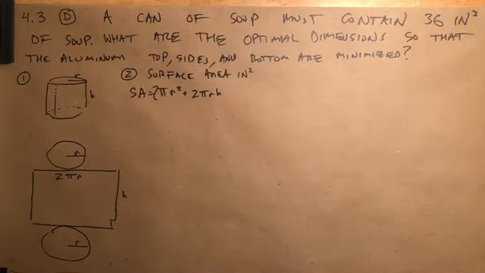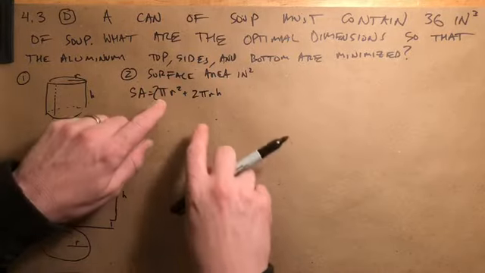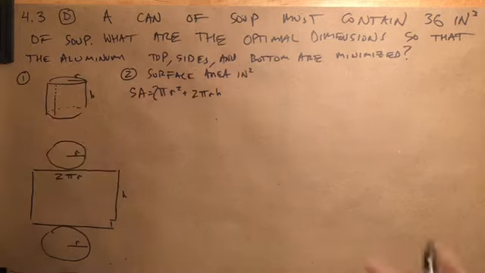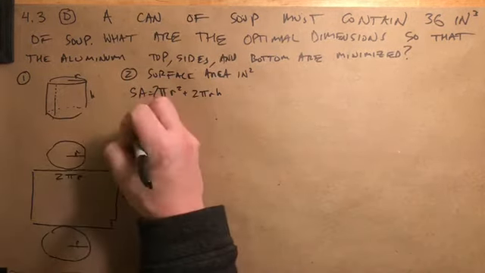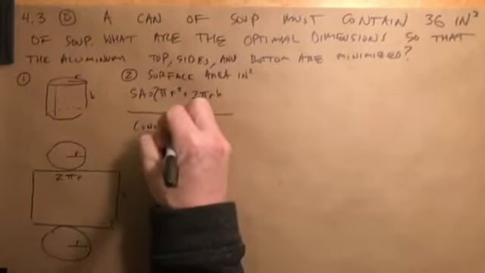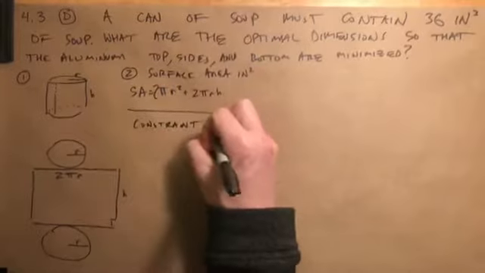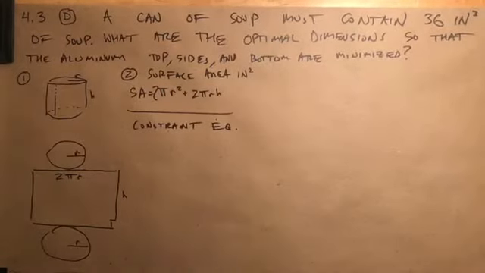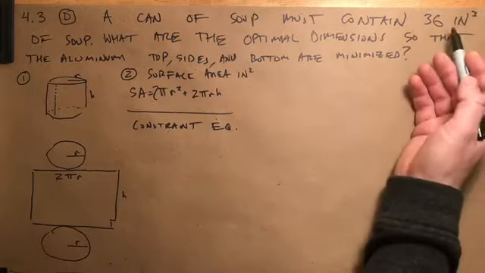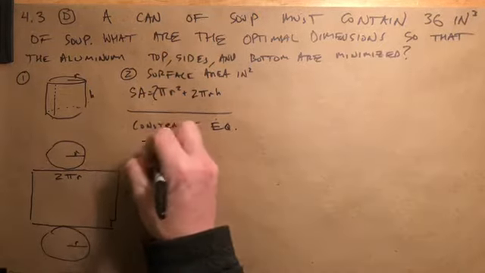Okay, we're in trouble. And the trouble that we're in is that we have more than one variable going for us. And so we're going to need to make our constraint equation. So where is that going to come from? Well, it's the only other number that we see here, that 36 cubic inches.